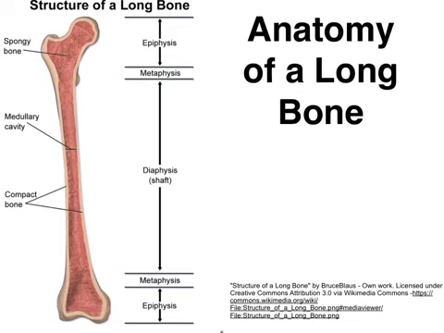All right, so the metaphysis is the area where we would expect to find the growth plate. Mind you, do we have a growth plate or an epiphyseal plate in an adult bone, in a bone that's finished growing? No. All right, so we'll see what happens to that epiphyseal plate.